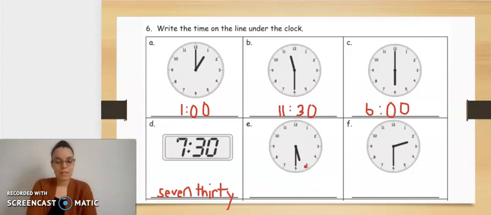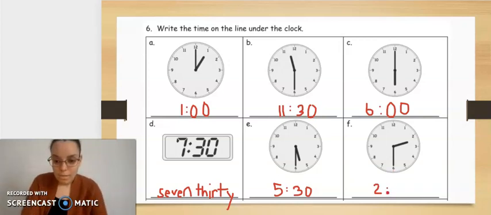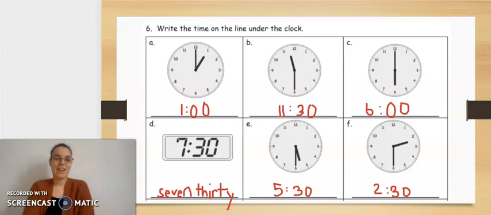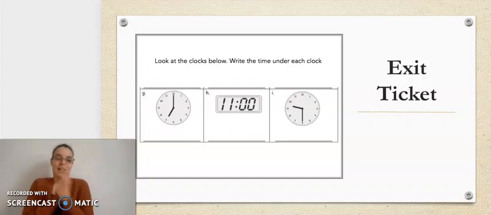This is between the 5 and the 6, which means it is, yep, 5:30. And then last, between the 2 and the 3, which means it is 2:30. You got it.